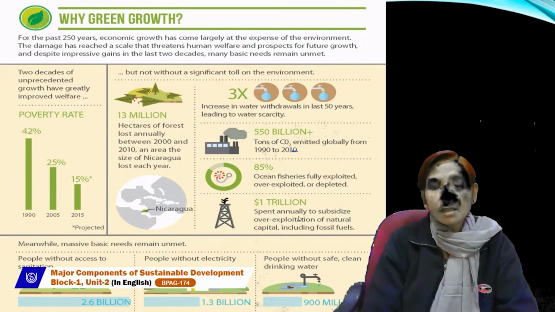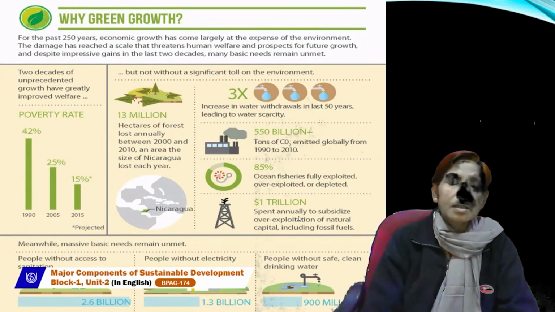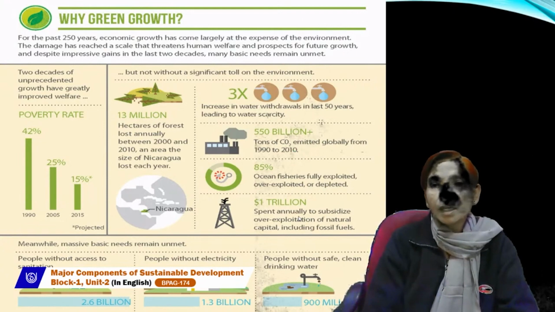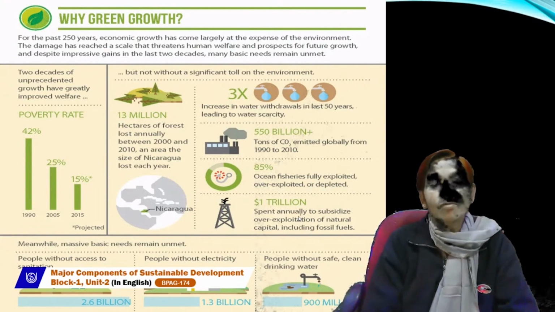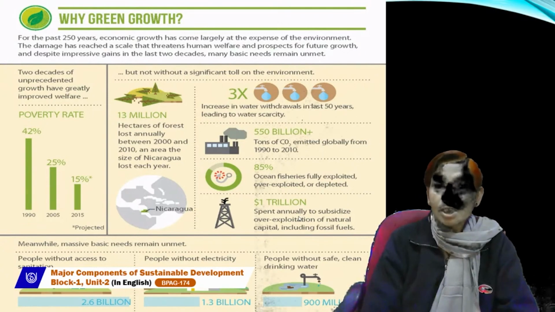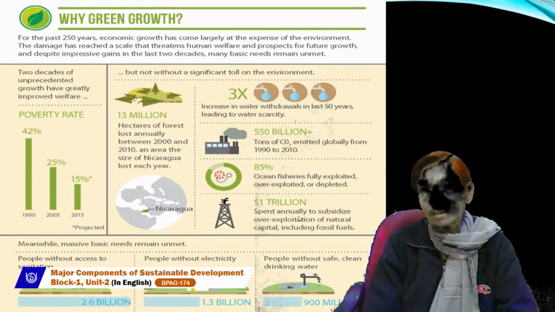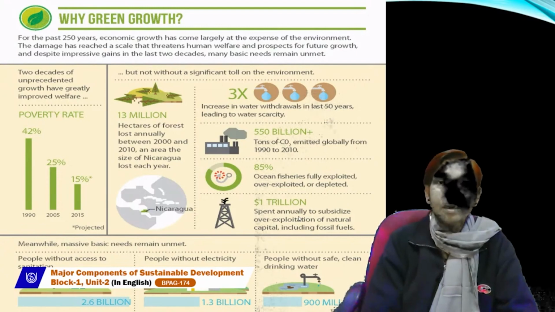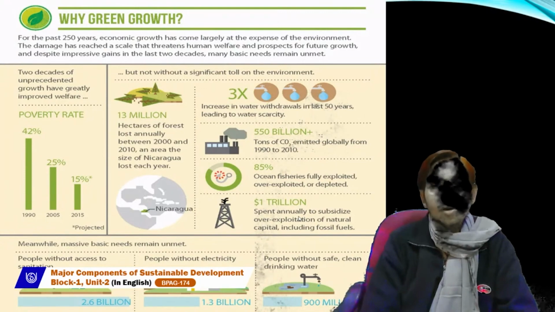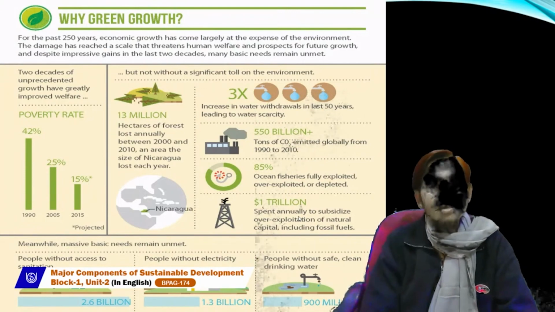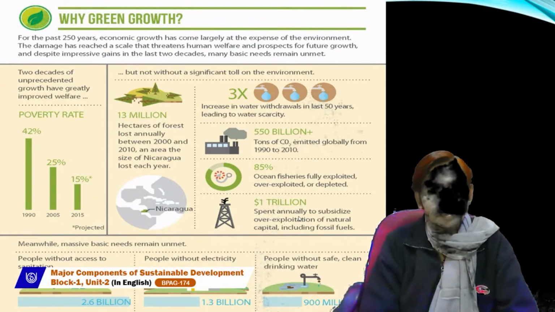It means the green growth concept is very important and relevant at present, because we are achieving higher economic growth but at the cost of the environment. But the environment should be protected, otherwise human beings can't live a long life in this world.